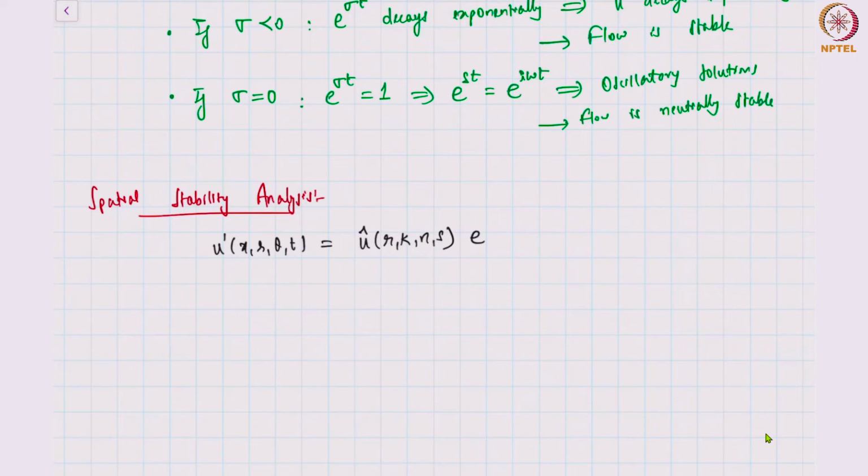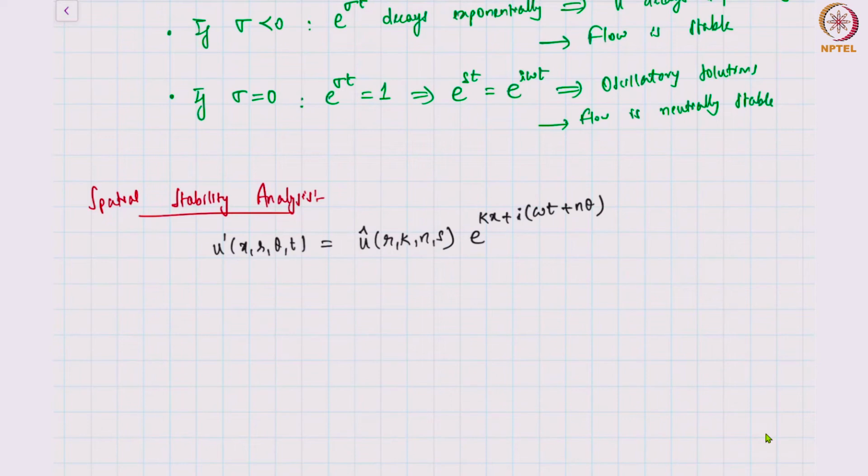I can say e power kx, but then I have an oscillatory behavior in time, a pure oscillation, or I can just say it is e power omega t plus n theta. That's better. Where omega is just an oscillation and k, on the other hand, can be complex.